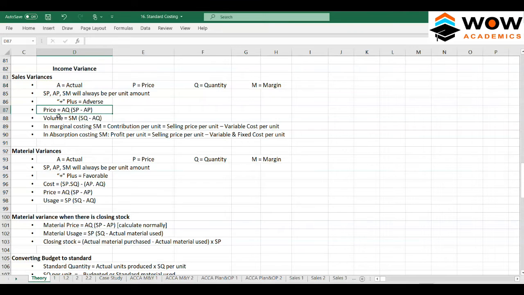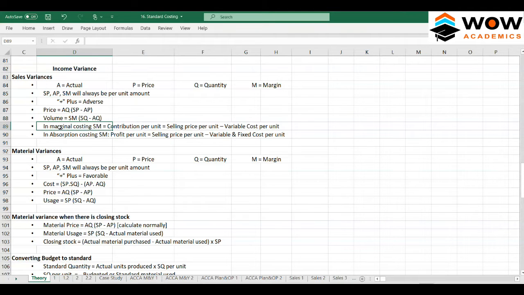And the volume variance is SM into SQ minus AQ. So what is SM here? SM refers to standard margin. There are two approaches here.